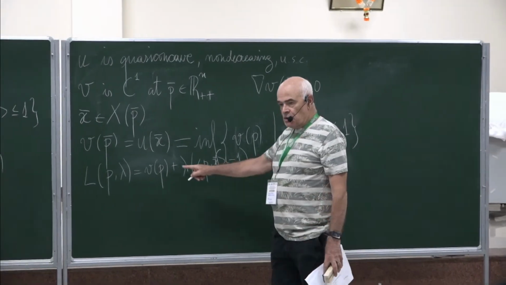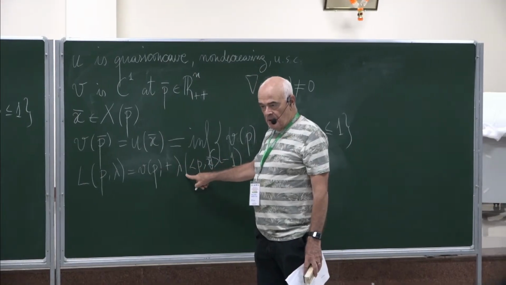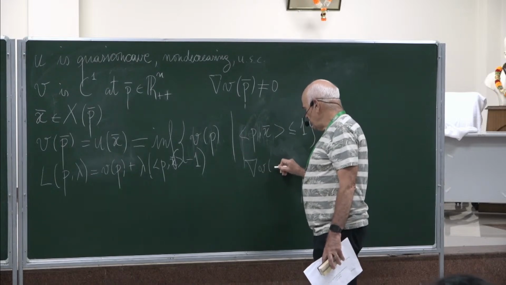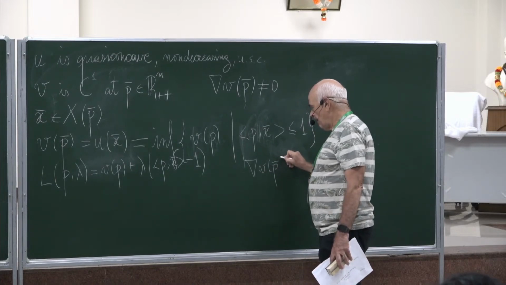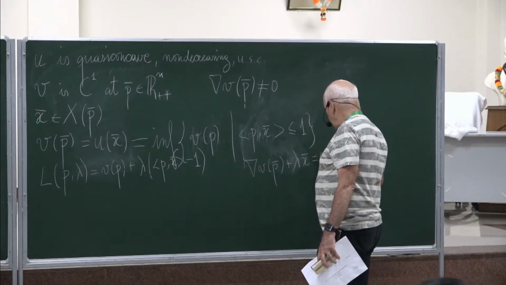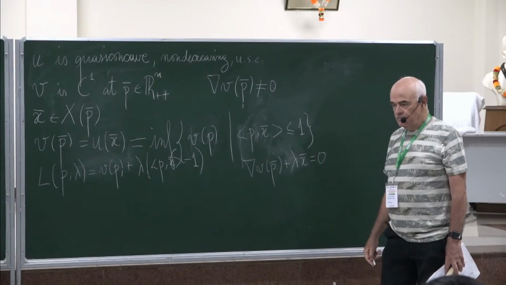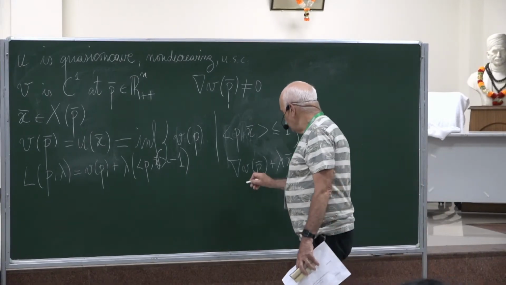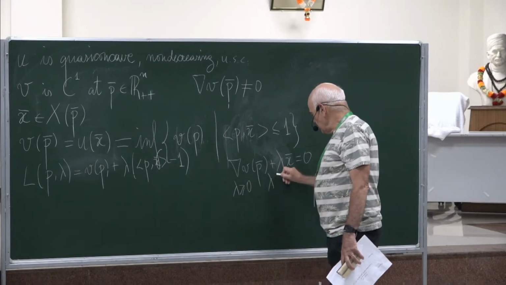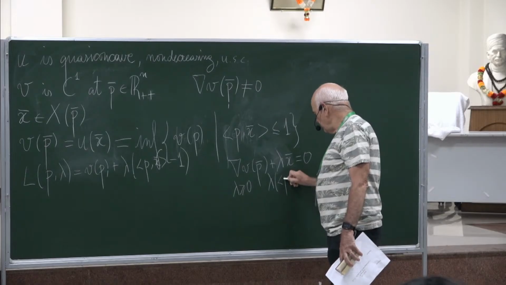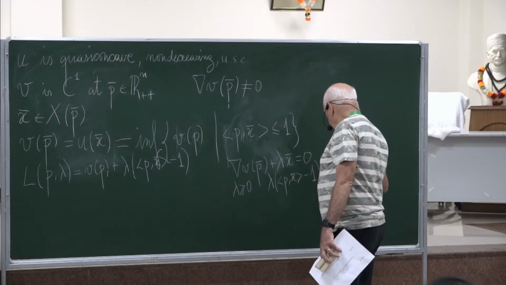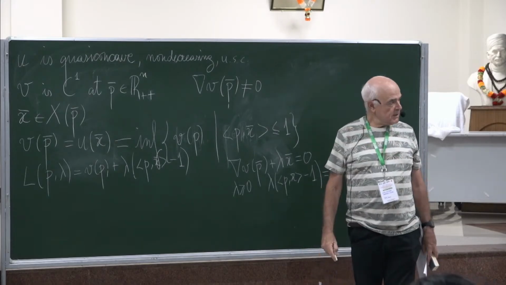So at the optimal solution, which is P bar, the gradient of the Lagrangian with respect to P is equal to 0. The multiplier is non-negative. And the complementarity condition is satisfied.